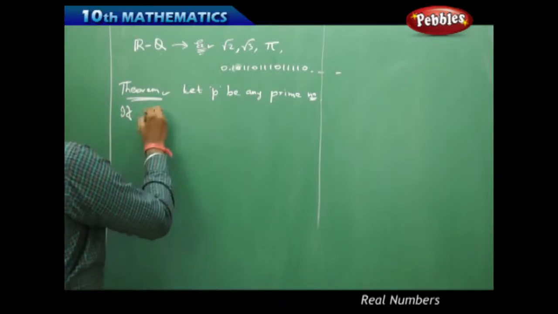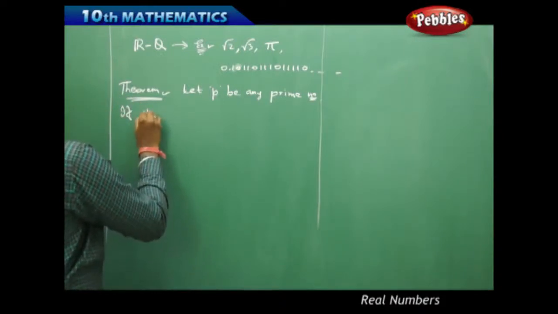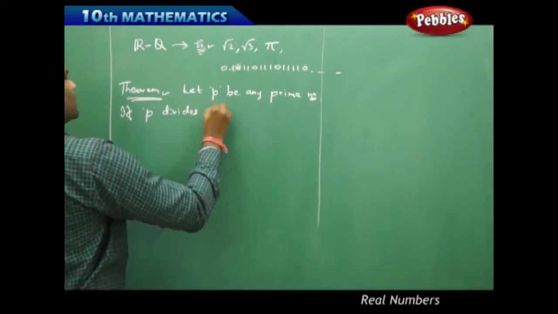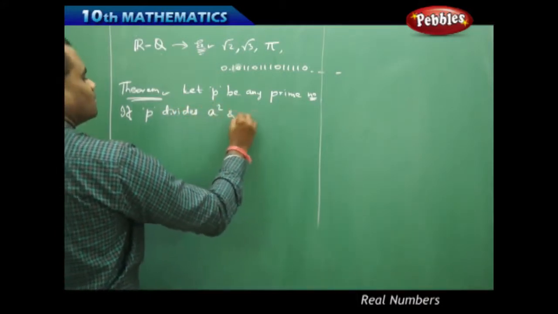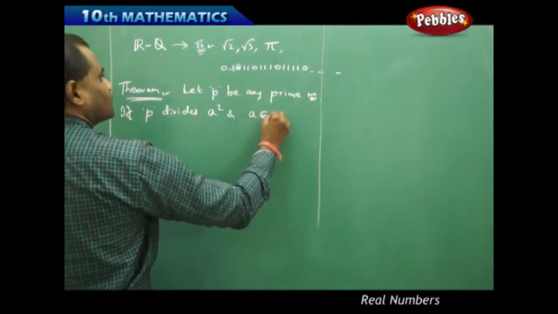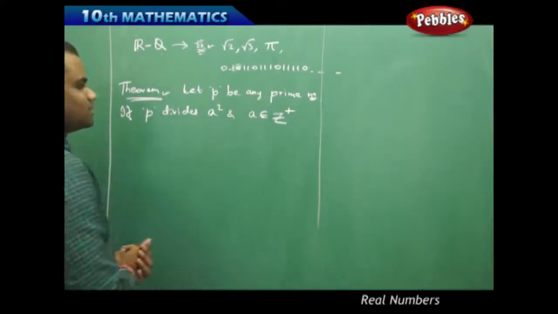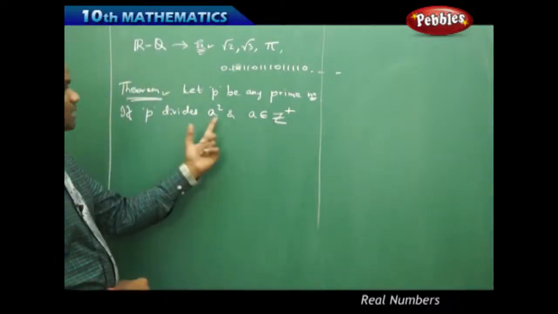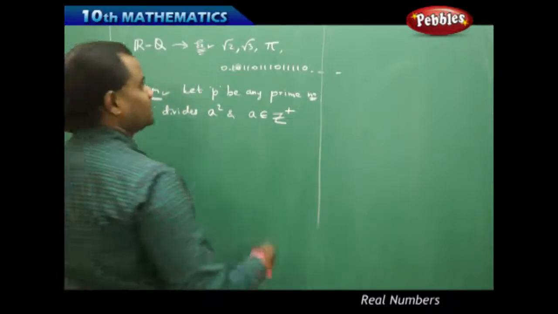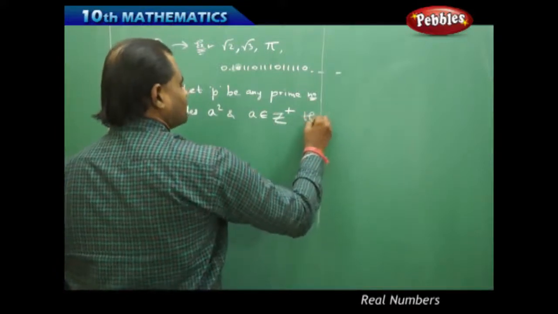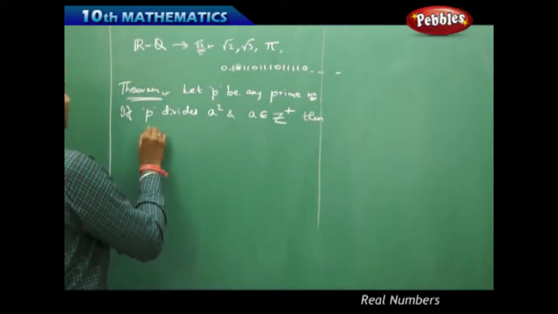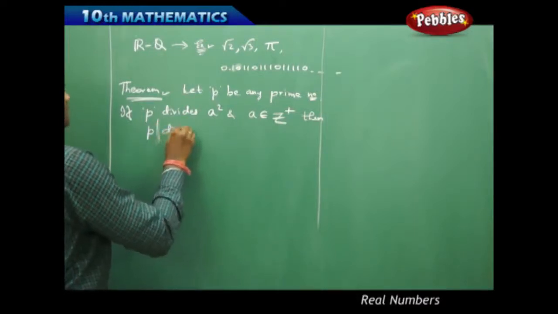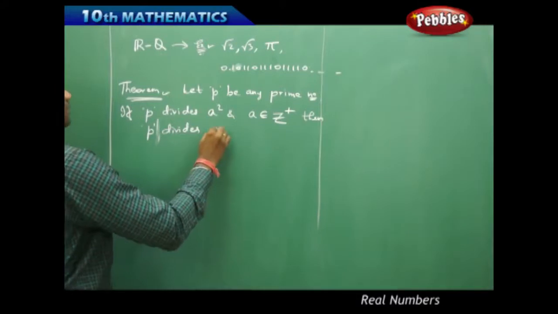If that prime P divides a square, and a belongs to Z plus, the positive integers, then P divides a.